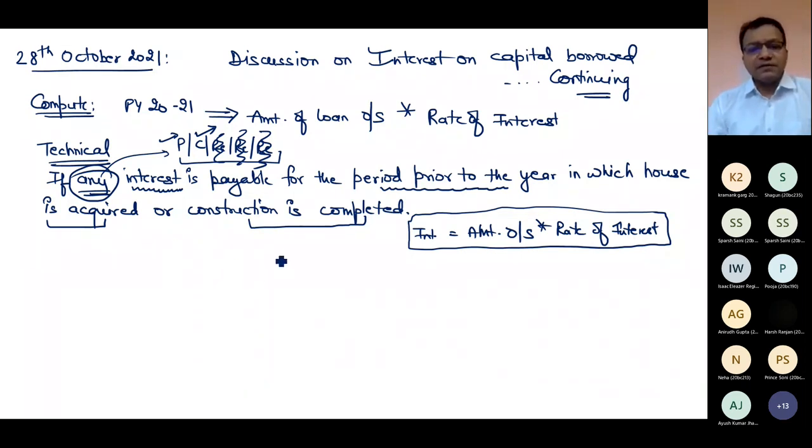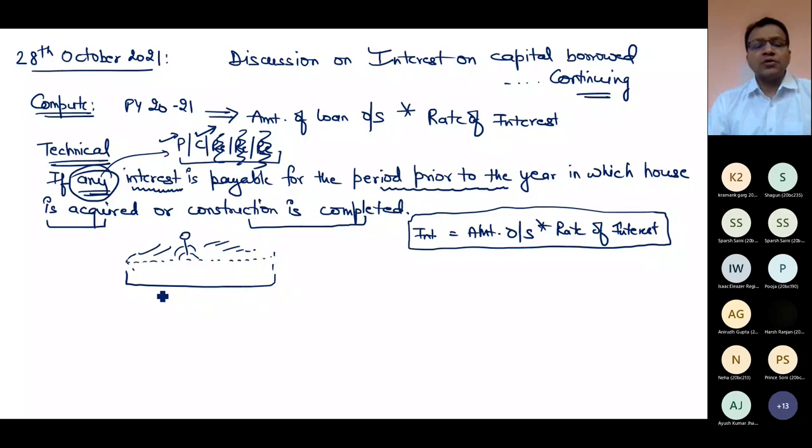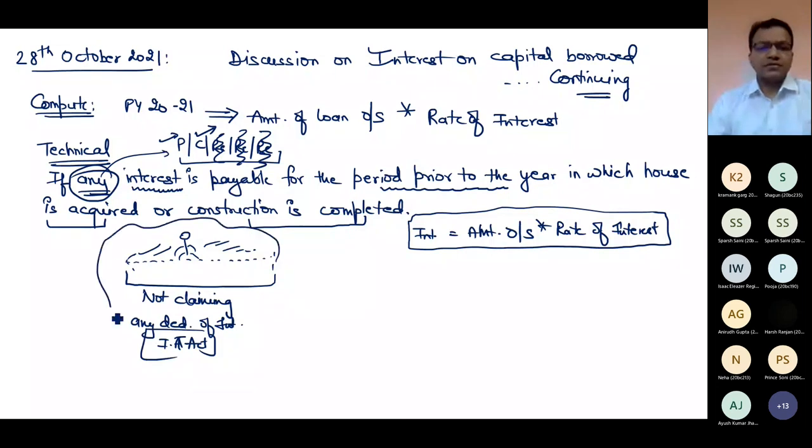Because in the previous years, till the house was acquired or construction was completed, you were paying the interest in reality to the bank, but for this period, you were not claiming any deduction of this interest as per the provisions of the Income Tax Act. That is why this period is a little bit technical.